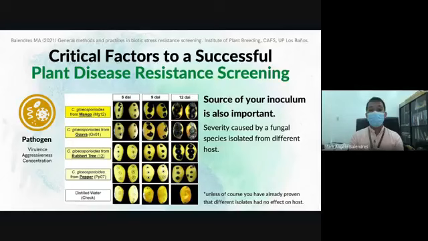Aggressive means the days to first infection. Virulence means the degree of infection. So after a particular date, let's say 12 days, which one is more virulent, the one with the biggest lesion? If you're talking about aggressive, which one infected first?